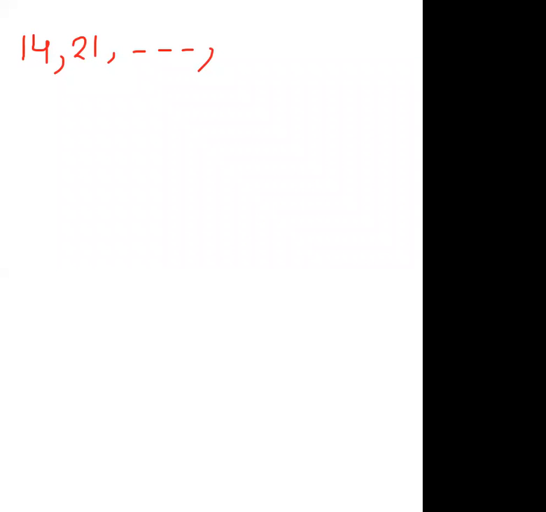The two-digit last number is 99. So we need to divide it by 7. Whatever remainder comes, we need to remove. So 98 will be the last term. You can see when you divide 98 by 7, it is completely divisible by 7.